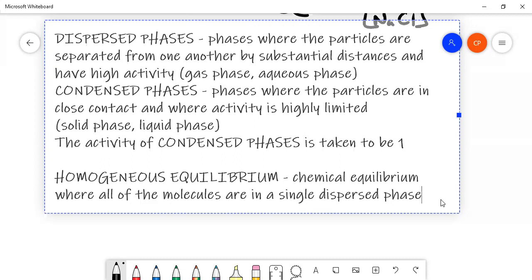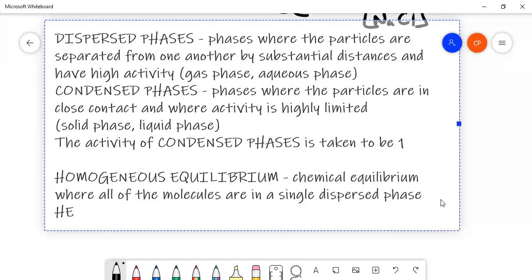And so what would the opposite of homogeneous equilibrium be? If not homo, then hetero. I never know whether to pronounce it heterogeneous or heterogeneous or what have you.